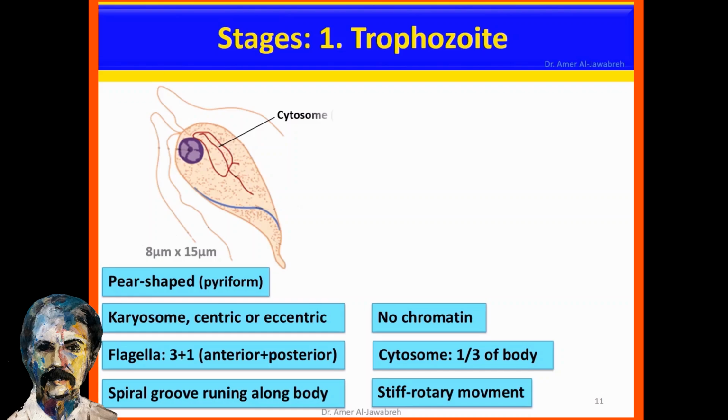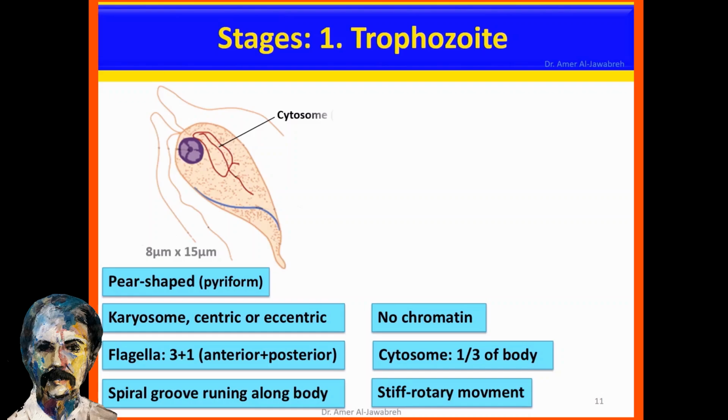Cytosome, the mouth here, and this mouth has another flagella here, which is usually posterior, and then we have 3 in the front. 3 anterior flagella. This is the front and this is the back. And usually its movement is stiff and rotary, moving in circles and very shaky.